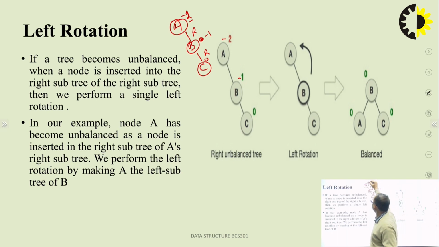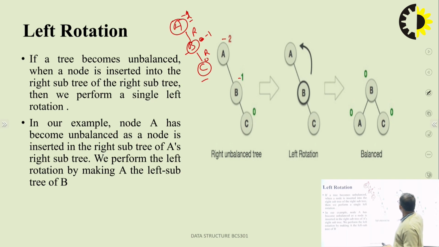The balance factor of A becomes -2 when we insert a new node C in the right subtree of A. The right subtree of A consists of B, and we insert the new node C in the right of B. So when we insert in the right of a particular node and the tree becomes unbalanced, in that situation we need to perform the left rotation.